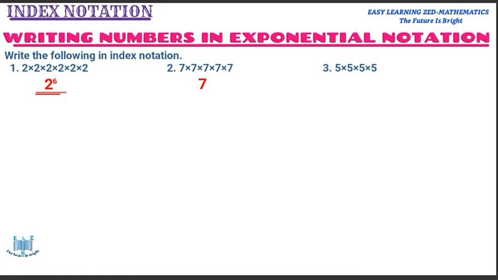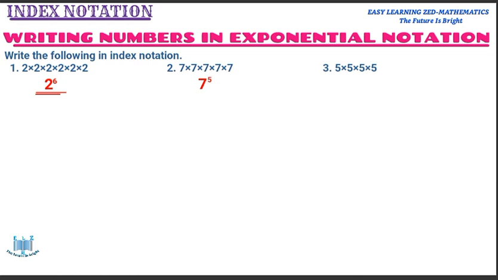Now the next thing, we're going to write the exponent of 7. To write the exponent of 7, we get this number from the number of times 7 is being multiplied. 7 is being multiplied by itself 5 times in that expression, so our exponent is going to be 5.